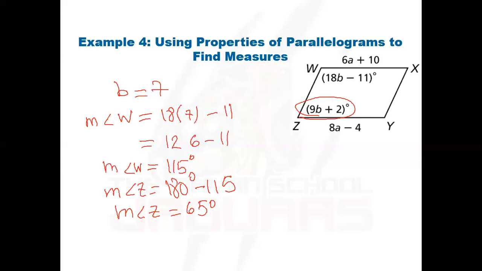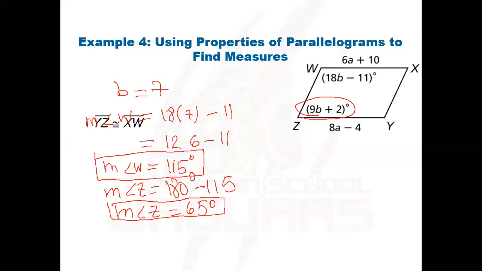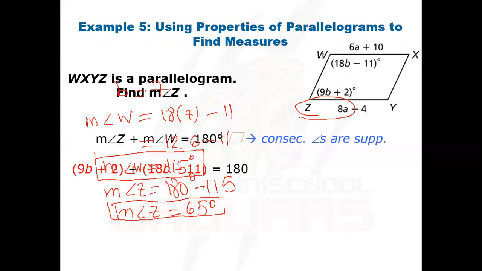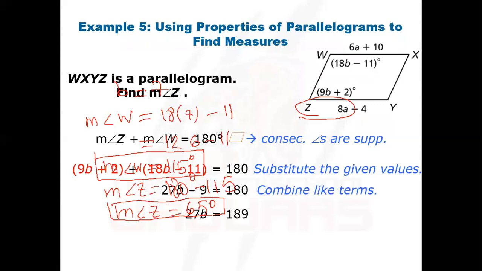So we have here the measure of the angle C, that is 65, and the measure of the angle W, that was 115. I forgot that it was like two different exercises. We did it already, so we found these guys. As you can see, we already did all this.